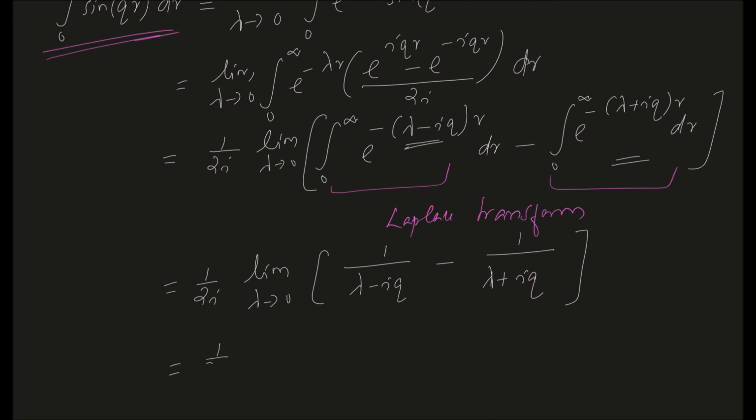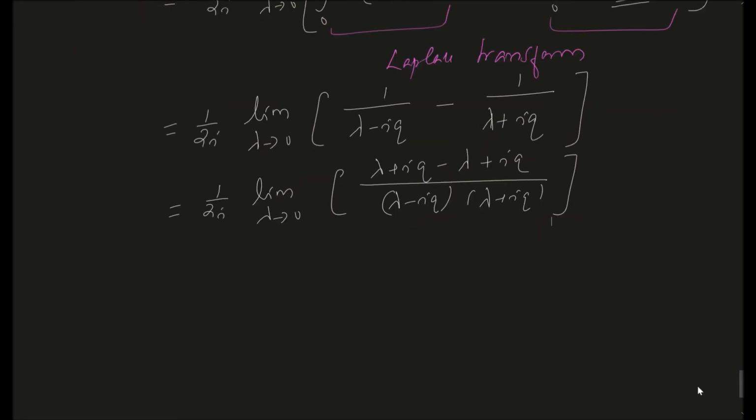So this is 1 by 2i, limit lambda goes to 0. If you simplify it further, we have (lambda plus iq) minus (lambda minus iq) divided by, in the denominator, (lambda minus iq) into (lambda plus iq). This is equal to 1 by 2i, limit lambda goes to 0. Upon simplification you get 2iq in the numerator, and the denominator will be (a minus b) into (a plus b), which is a square minus b square.